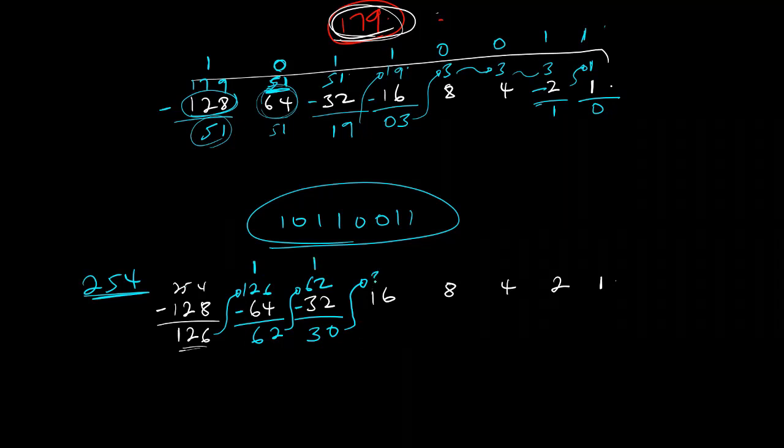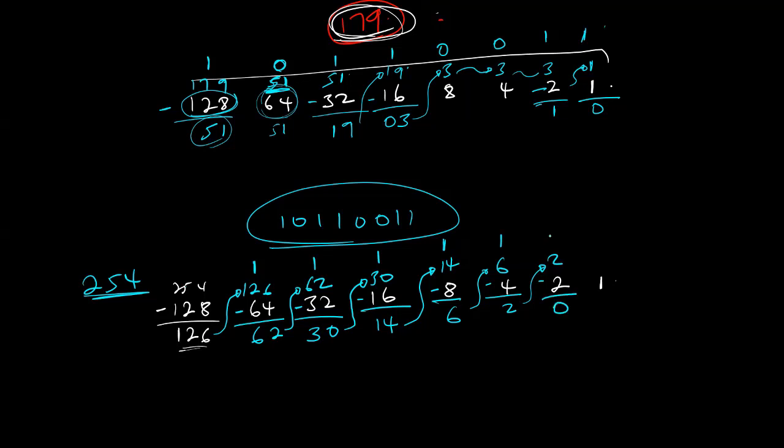Now this is 30. We subtract. This is 14. That scores a 1. We move the 14 right there. We subtract 8. We get a 6. That scores 1. We take the 6 here, we subtract 4, we get a 2, that scores a 1. We take the 2 here, we subtract 2, we get a 0, that scores a 1.